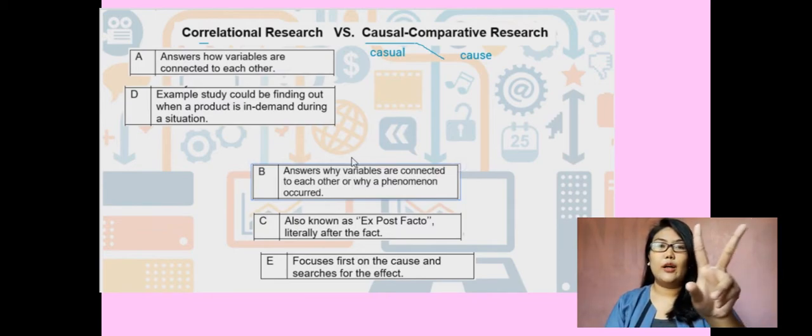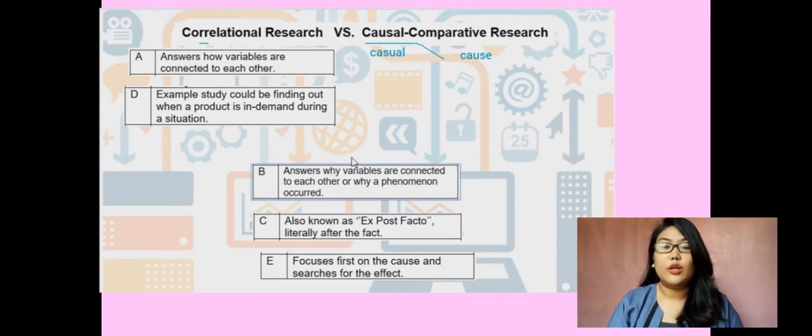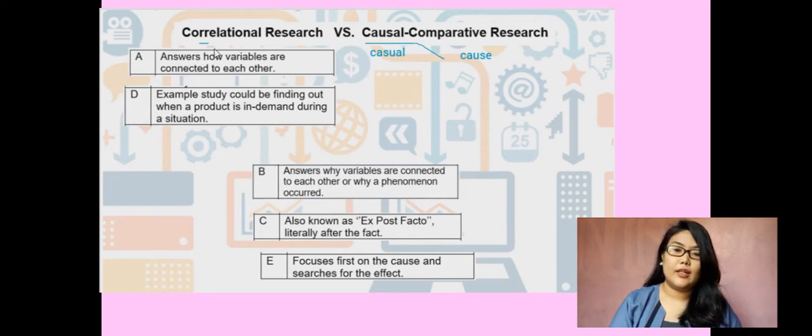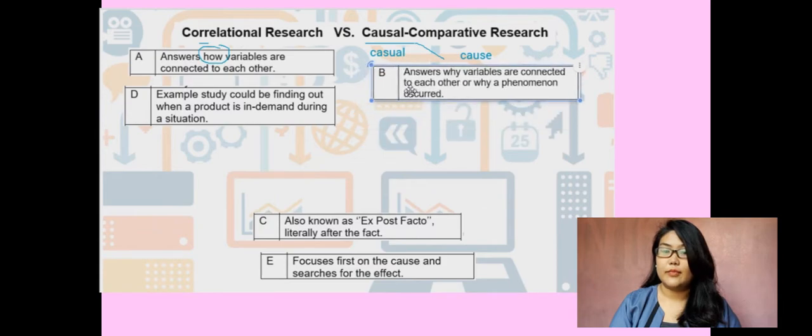Next. So, we already have two for the correlational. What about for causal comparative? Okay. You already got here. We already got the y. Therefore, this is causal.